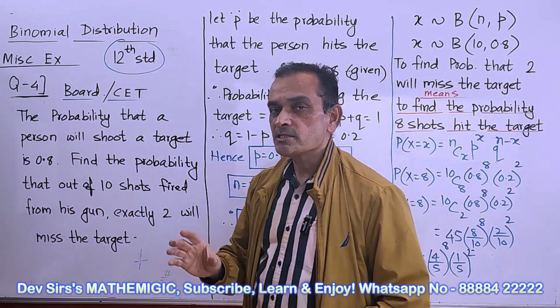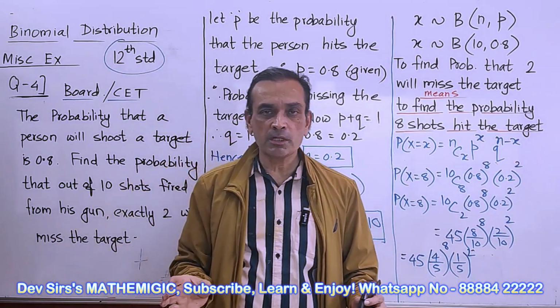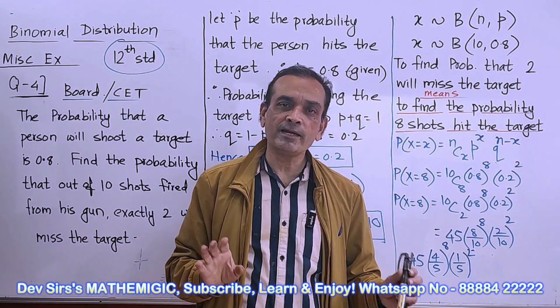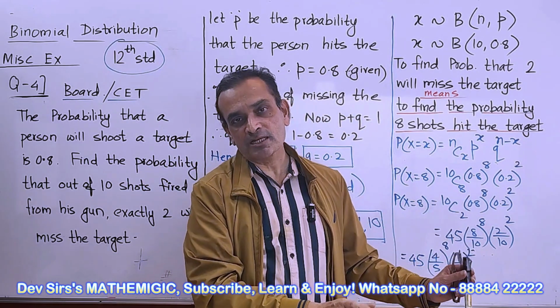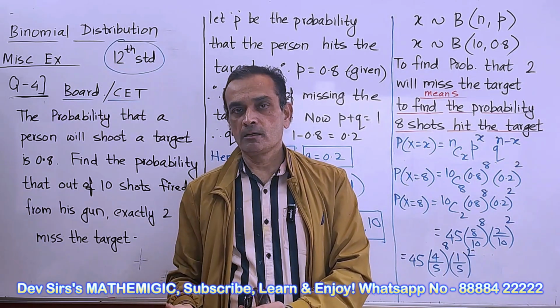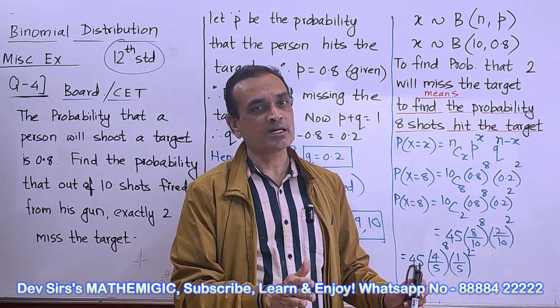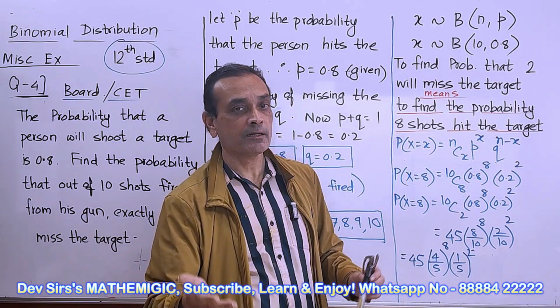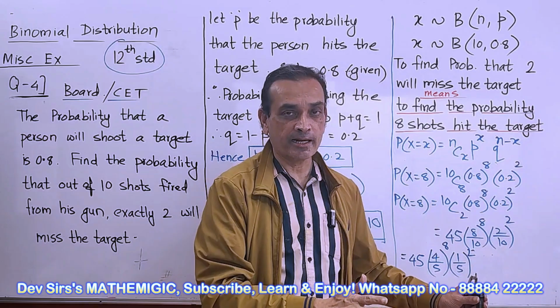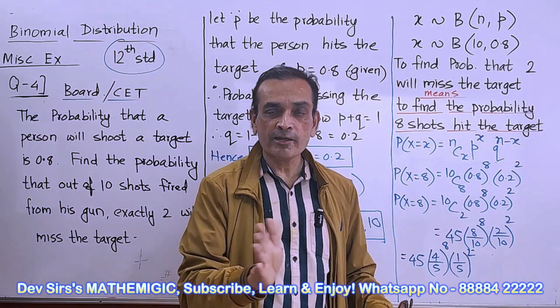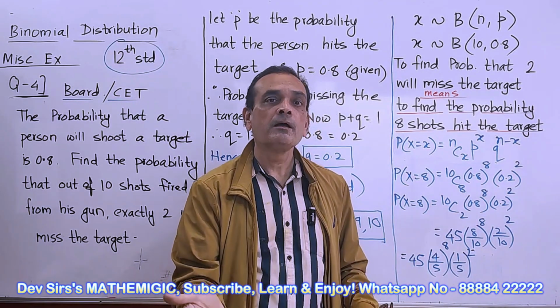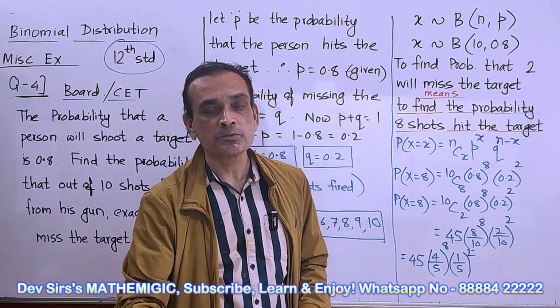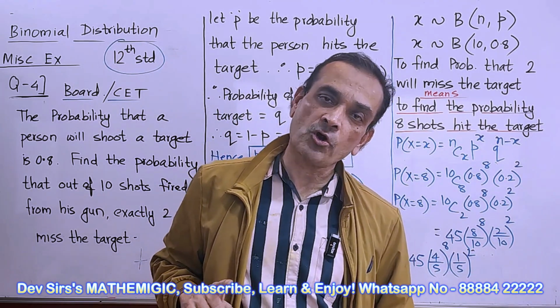Now remember friends, binomial distribution can be used only when you have a probability of success and failure. P represents the probability of success, that is hitting the target. So Q will represent the probability of not hitting the target, that is failure. So P and Q represent success and failure, because of which we are allowed to use the binomial distribution formula.